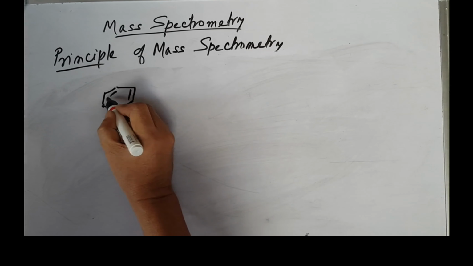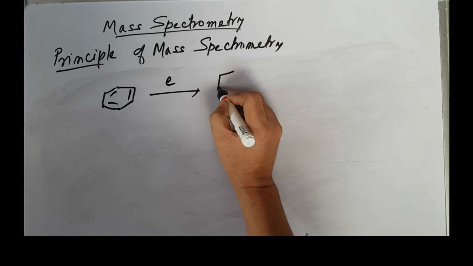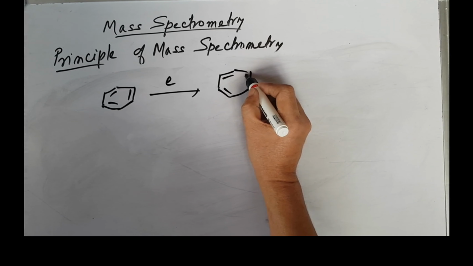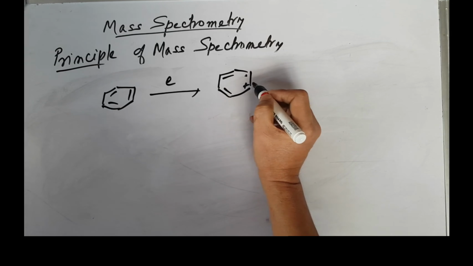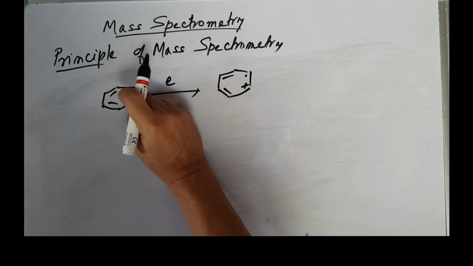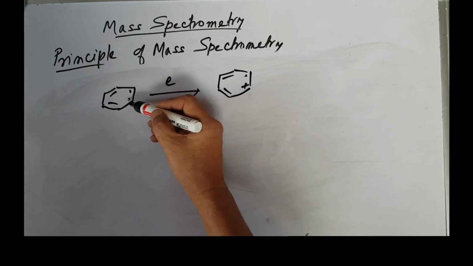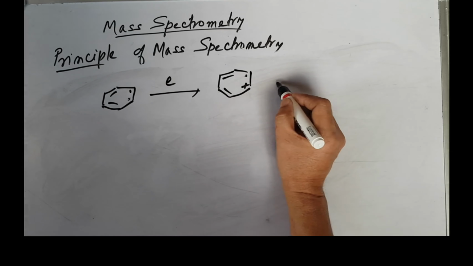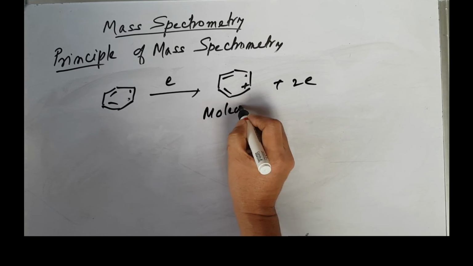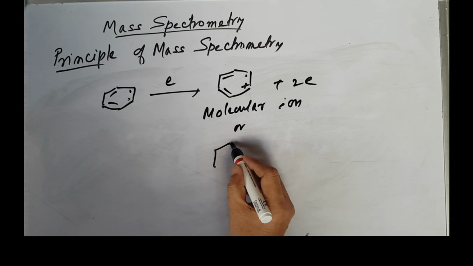When it is bombarded with high energy electrons, one electron is removed. Benzene has two electrons here in a pair, and by bombarding with high energy electrons, one electron is knocked out, so it leaves one electron here. This is called the molecular ion, or parent ion. You can write this simply like this.